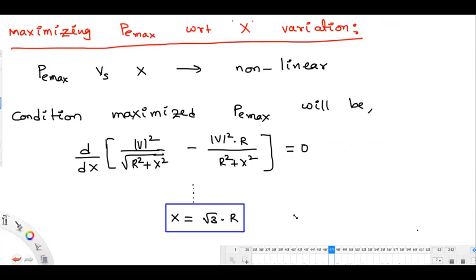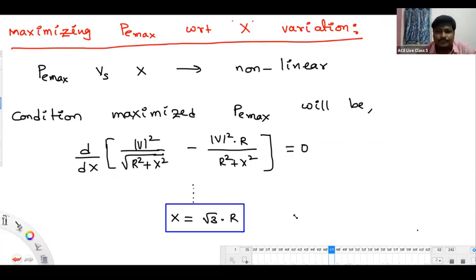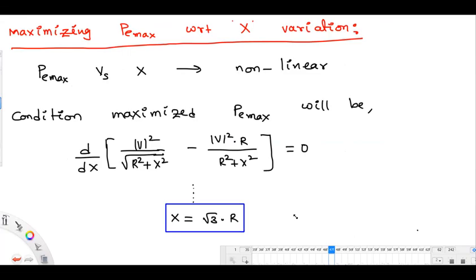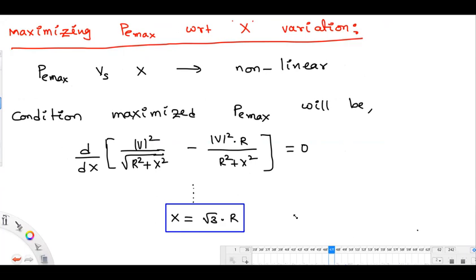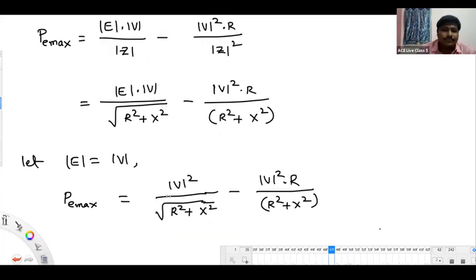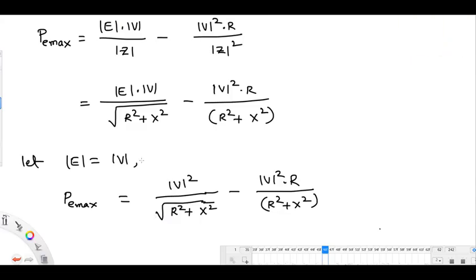See the screen, what I have written there. For non-linear, the condition for maximizing the Pmax will be. Maximizing P maximum is the aim here. Yes, I forgot that maximum step. This is your P maximum. Yes, sir.